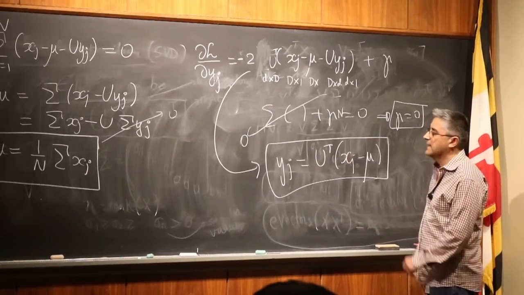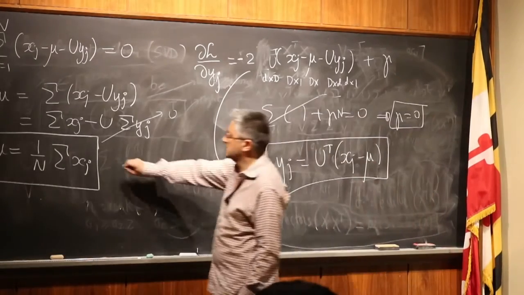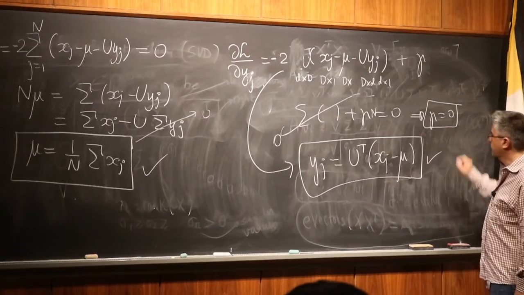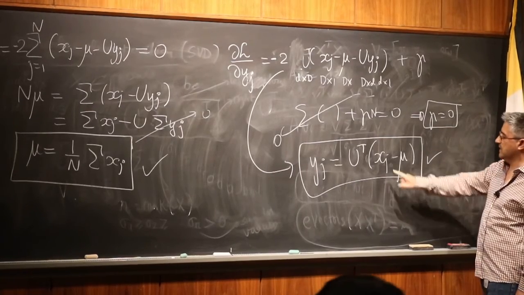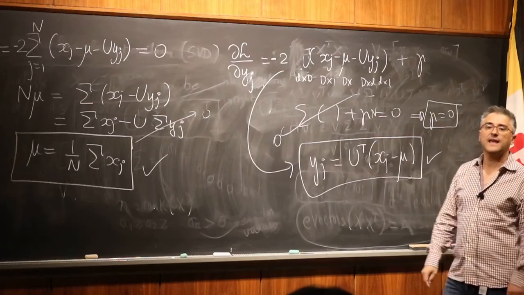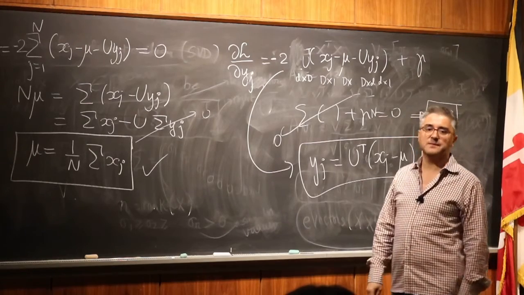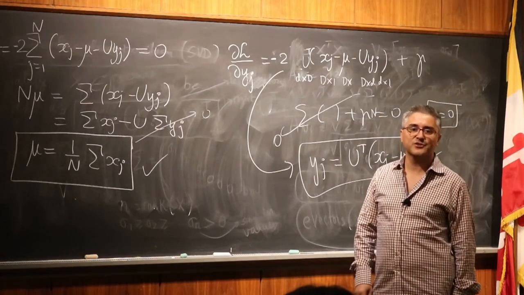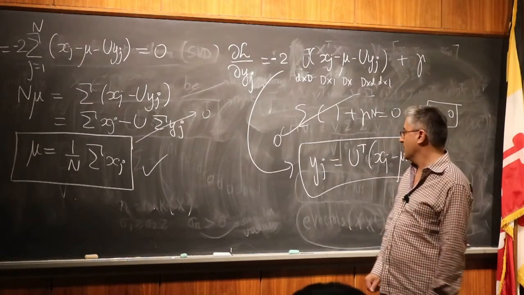So I've proven that mu is the average of the data. I've proven that the principal components are obtained by taking the data, subtracting the mean, and projecting. The rest of the proof is much more difficult, and I usually take 2 lectures to do it, so the rest of the proof I'm not going to do.